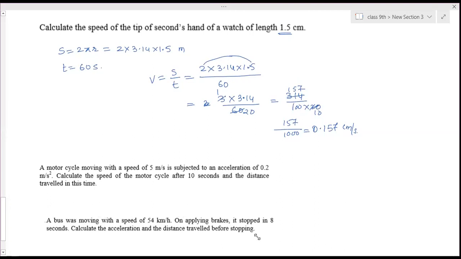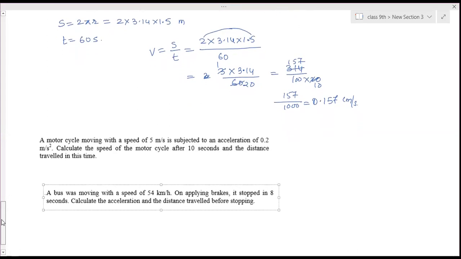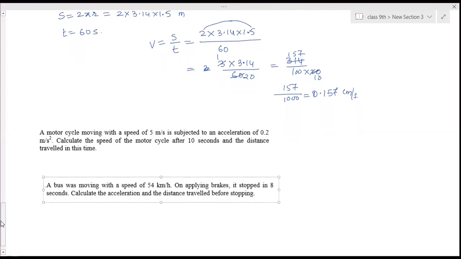Ma'am, if they give such decimal acceleration and all, we can convert it to a fraction and do it, right? Yes. Ma'am, the distance is 60 meters, right?